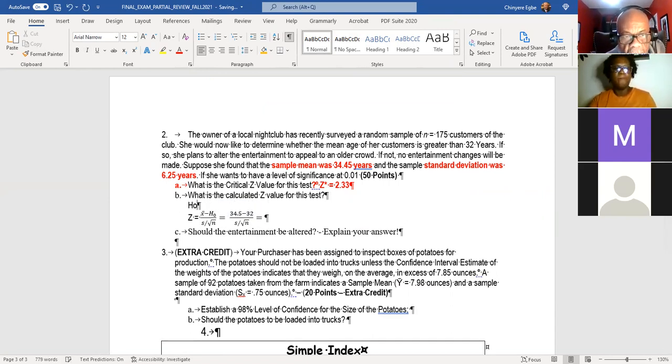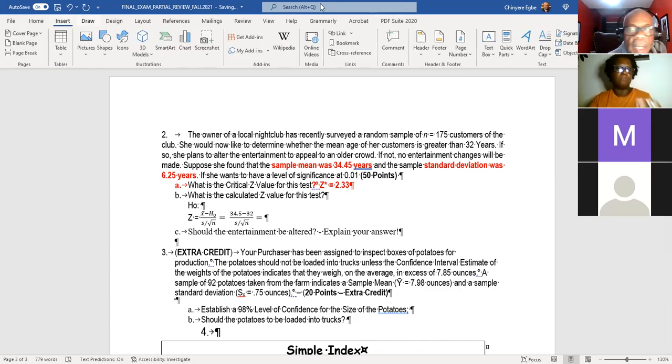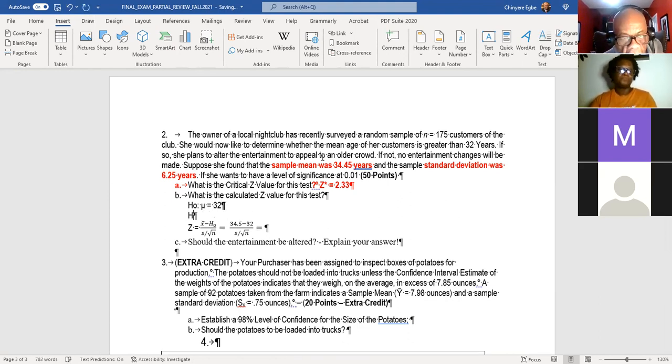State the null hypothesis. The null hypothesis will be that mu is equal to 32, and the alternate hypothesis is that mu is greater than 32. Okay, so that's it. You don't have to go through all of using the right symbols.